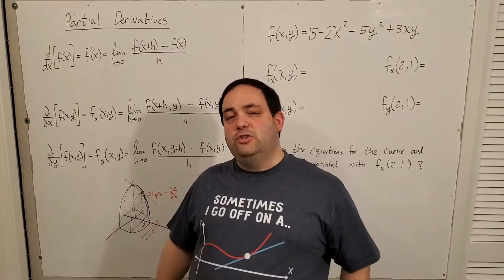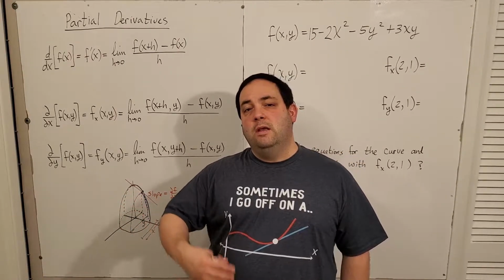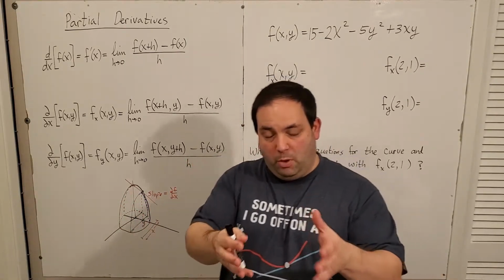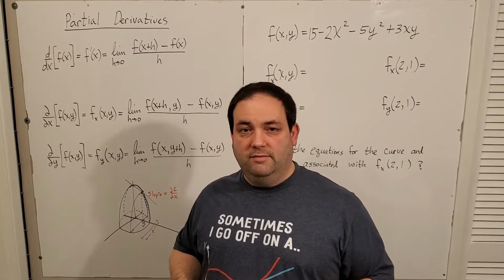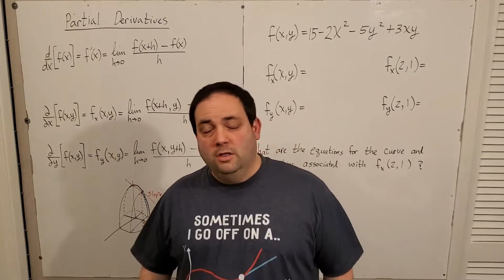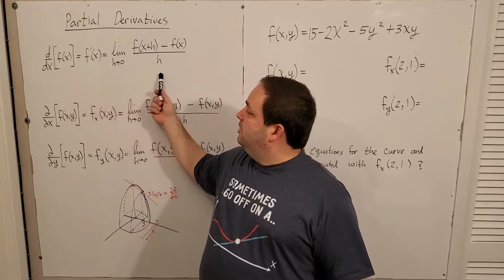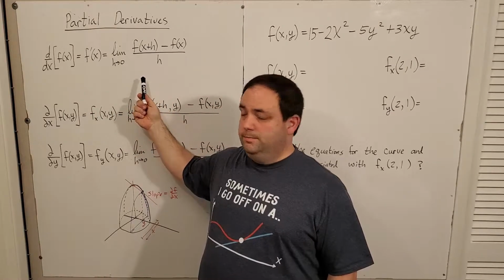So same idea with derivatives. Just because I have 2 variables doesn't mean that I should take a derivative with both variables at the same time. In fact, that would be kind of messy and hard to decipher. So here's what we have. We have partial derivatives. Here's our original definition of derivative from Calculus 1, right?